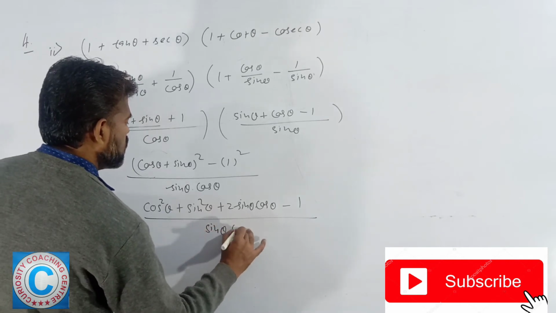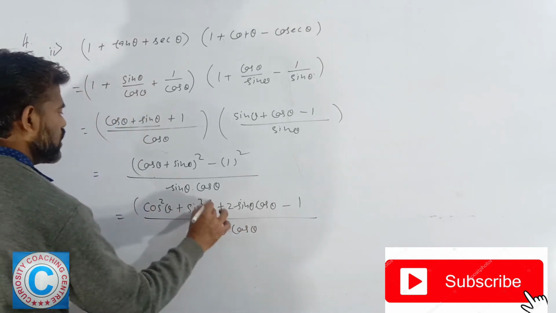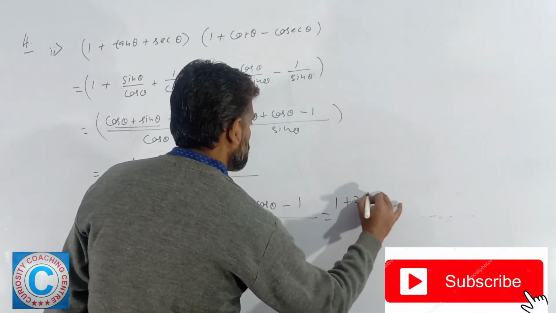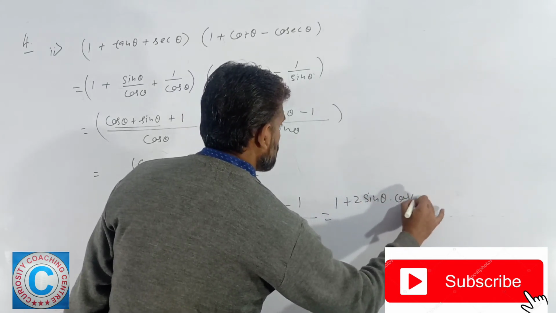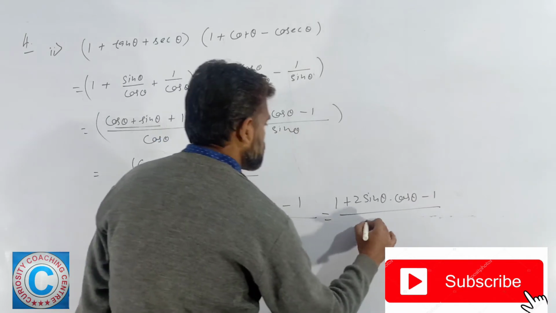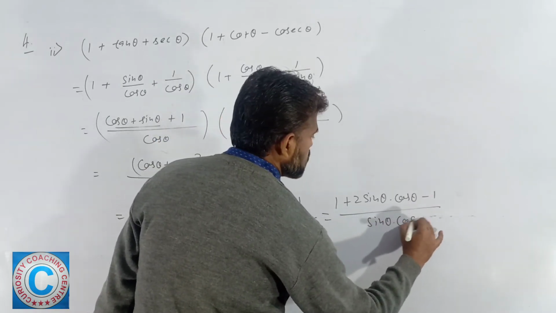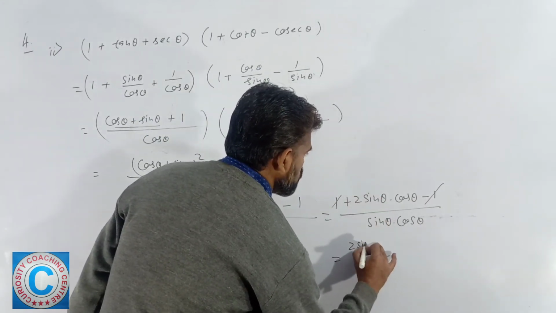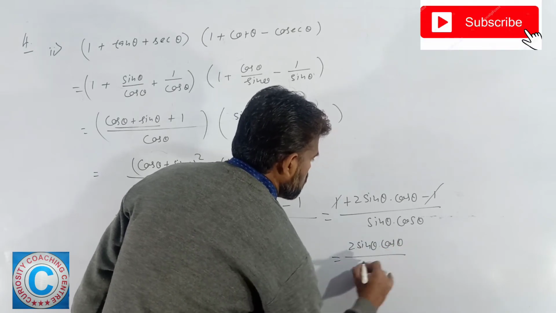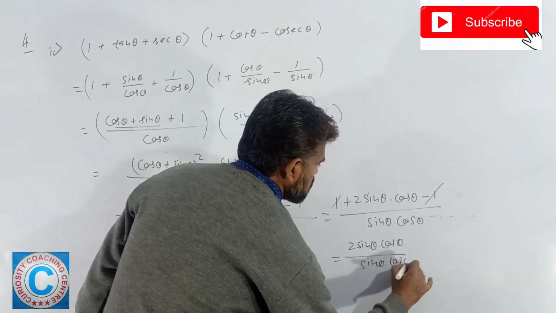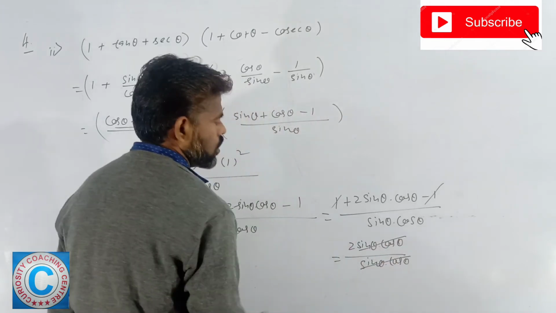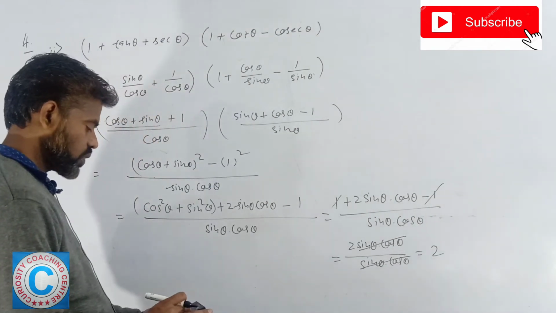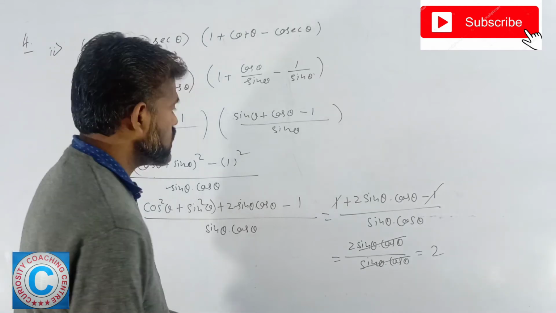Cos square theta plus sin square theta is 1, so 1 plus 2 sin theta cos theta minus 1 over sin theta into cos theta. Negative and positive cancel out, or 2 sin theta into cos theta by sin theta into cos theta. Sin theta into cos theta cancels. It's 2. So the correct option is C.